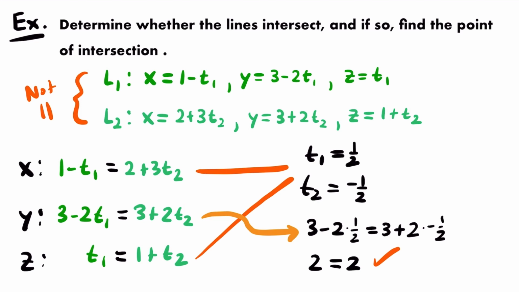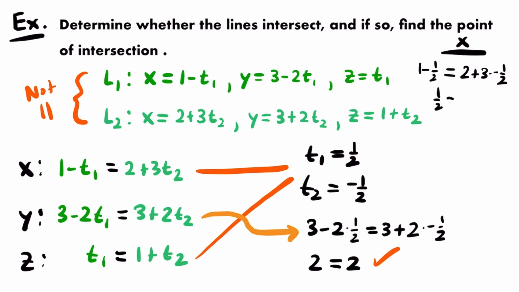All right, and so I'm going to do that. Let me show you it that way. I'll do the x coordinate right here. We have 1 minus t1, so we'll have 1 minus 1/2, and that will be equal to 2 plus 3 times t2. And t2 is negative 1/2. So we have 2 plus 3 times negative 1/2. 1 minus 1/2 is 1/2.